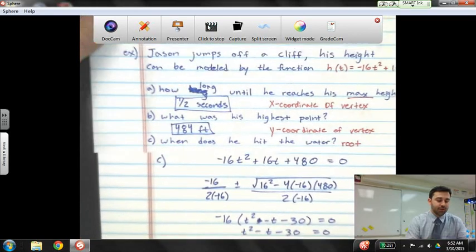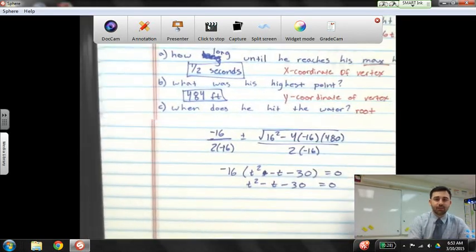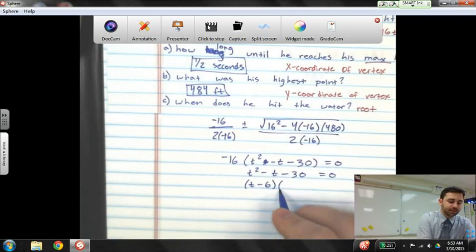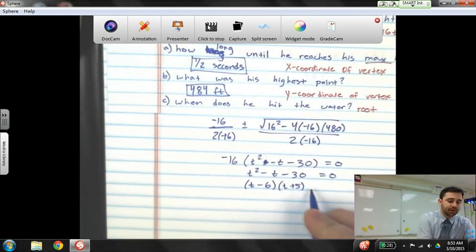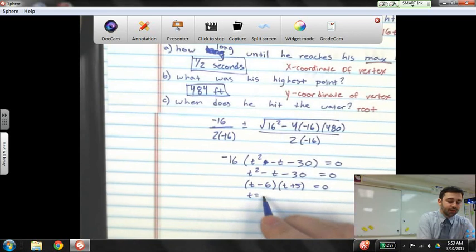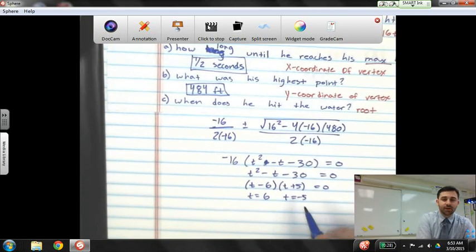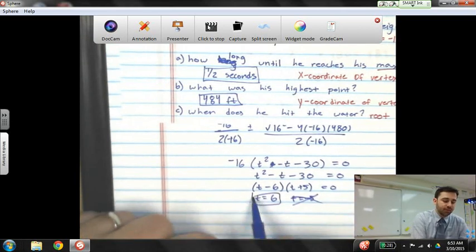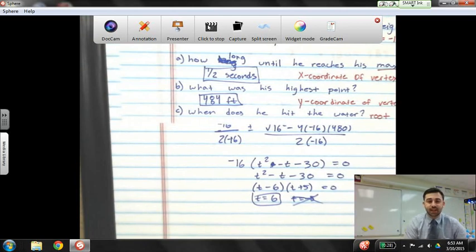And I could easily go ahead and factor this: t minus 6, t plus 5, giving me roots at 6 and negative 5. So in the situation of these word problems, we have to now interpret our roots. And so we know that after he jumps, he's not going to have a negative time. And so after 6 seconds, he would hit the ground.